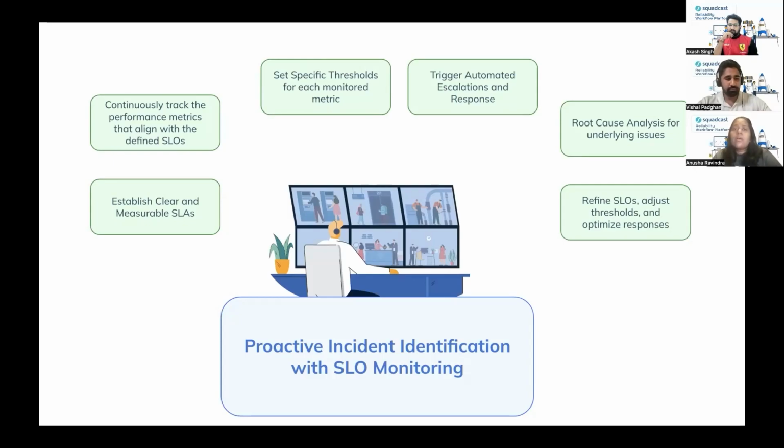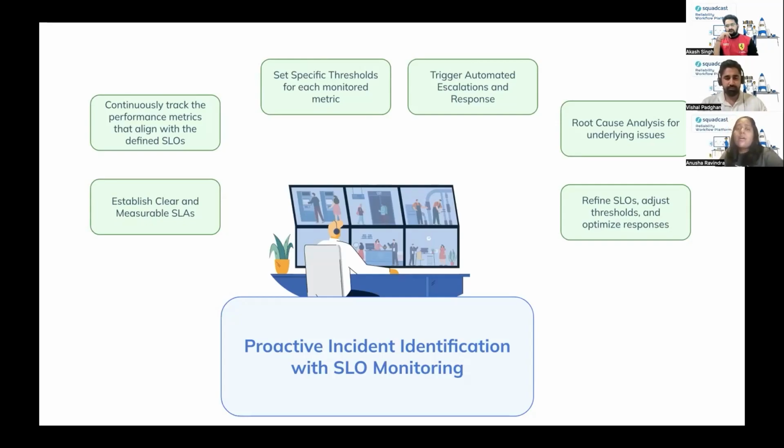How? Basically, actions and responses can be guided by the severity of the breach and its impact on meeting the performance targets. So, monitoring SLO thresholds can reveal opportunities for performance optimization, and addressing metrics that frequently approach or breach thresholds can actually lead to overall improved service quality.